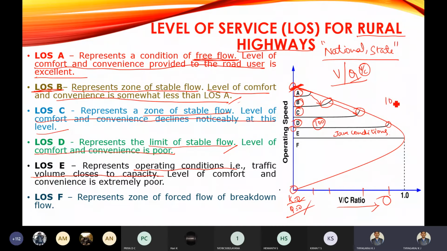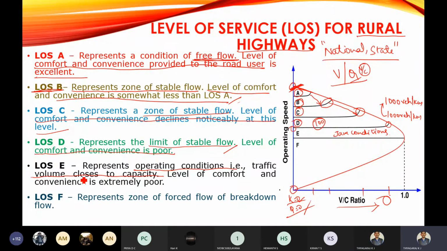So you can accommodate 1000 vehicles per kilometer at this level of service. If it tries to exceed 1000 vehicles per kilometer, the jam is going to occur. We are going to encounter the jamming condition.